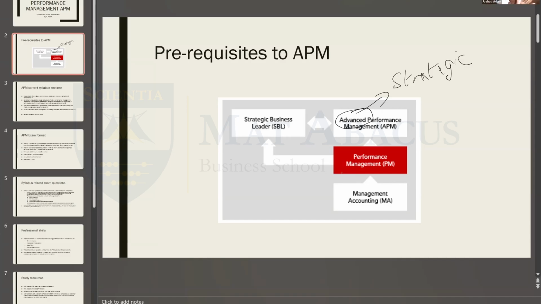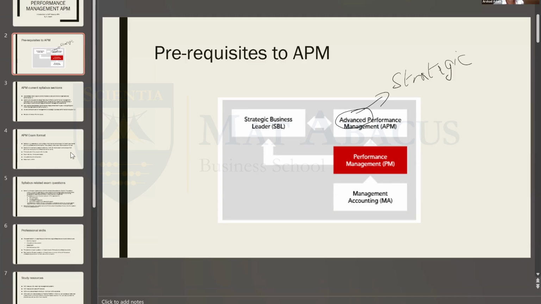And when I apply it at APM, I still can apply it at operational or tactical performance management, but I can also apply it at strategic level. So the additional is to look at, for example, a situation from both a tactical operational perspective, but also a strategic perspective. That's where the paper is kind of aimed to be.